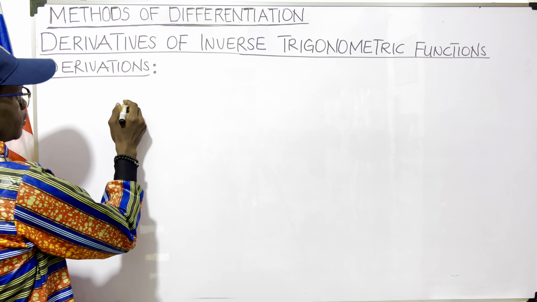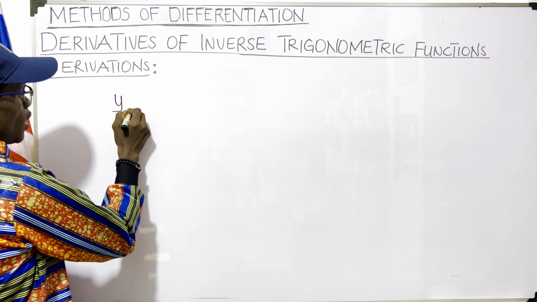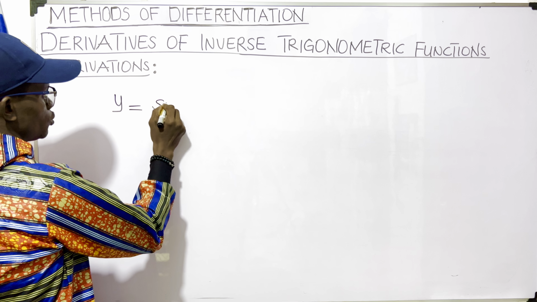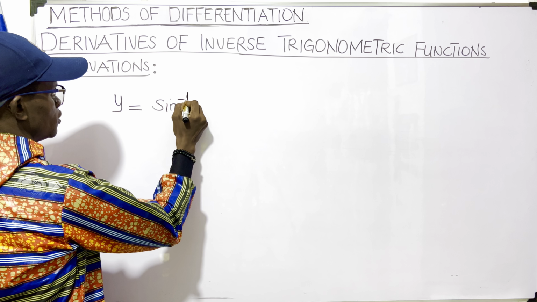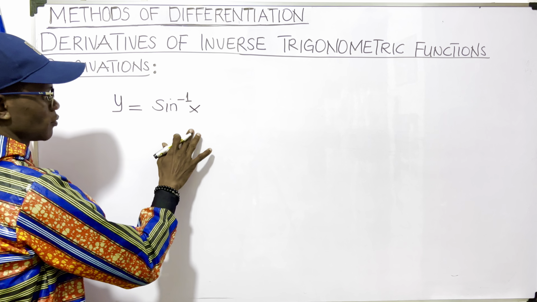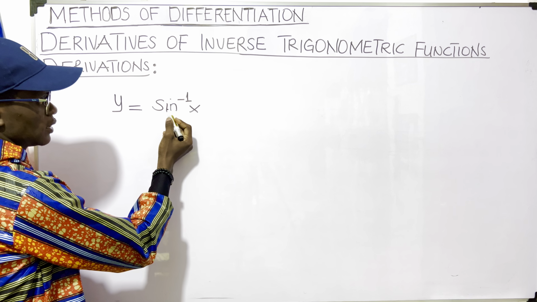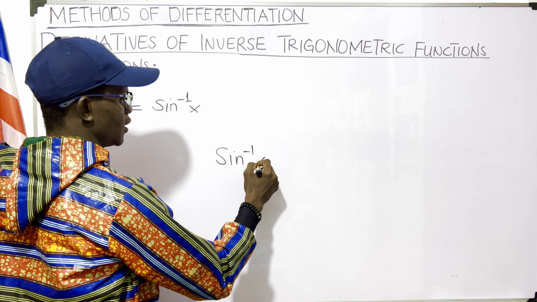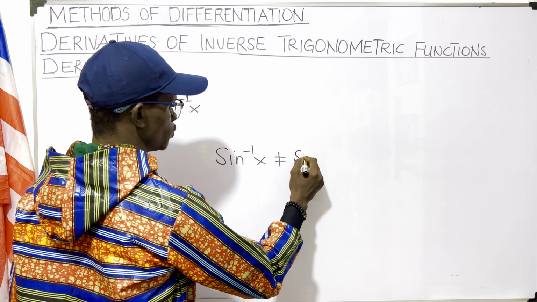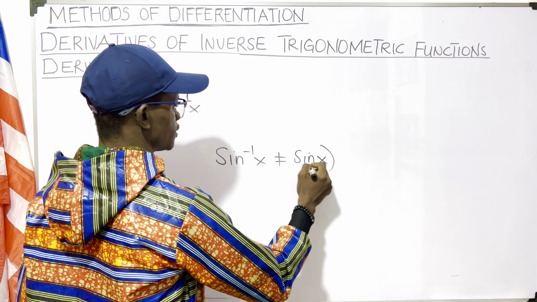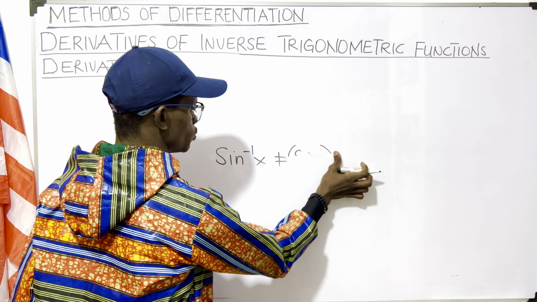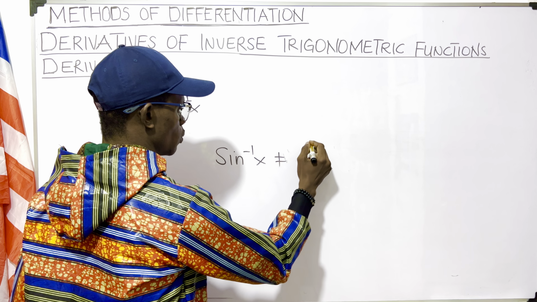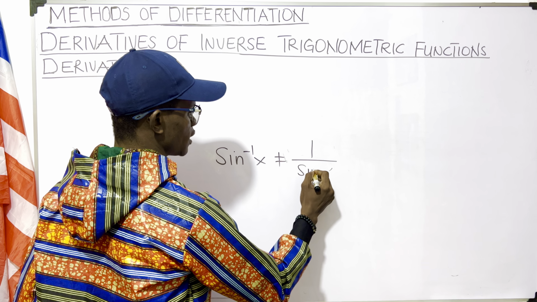So let's say y equals sine inverse of x. Now, this sine inverse of x is not equal to 1 over sine of x.